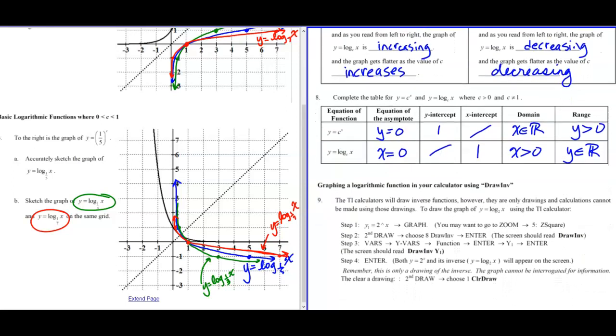Okay, so this little bit here is kind of neat, but I'm not going to spend time going through this with you. Why? Because this is a draw feature, you can't trace along, so it's not going to be really that helpful to you. And most of you have a newer version of a calculator, and you can graph any logarithmic function really easily.